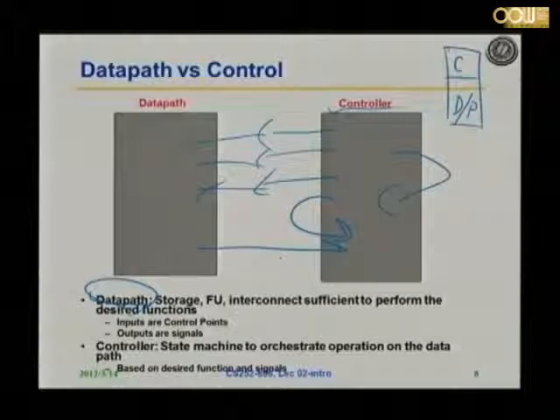Now you understand the controller doesn't have to be a state machine unless, when do we need to use a state machine? Condition number 1, this instruction will take multiple cycles to execute. Condition number 2, in fact, there's no condition number 2. Condition number 2 is if there are multiple instructions in execution simultaneously.